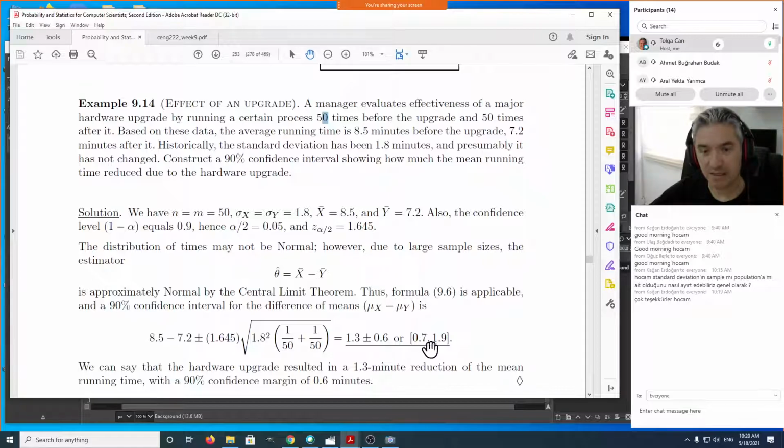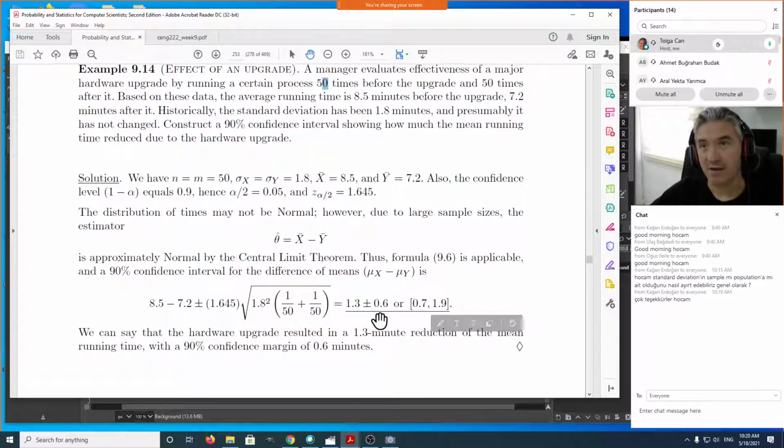It means that the upgrade probably is successful. I'm 90% confident that the running time before is larger, because this is a positive number, 0.7 larger. So you may then claim that the upgrade is successful.